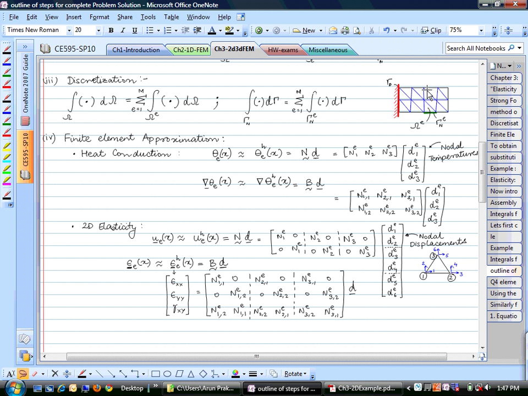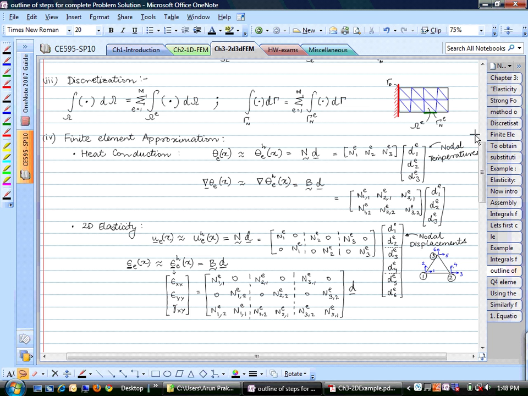And if you look at the edge between two triangles, you will see that on one side the stress value is something else, and on the other side the stress value is something else. So on this edge, it would seem that equilibrium is not satisfied. But again, the idea is that the equilibrium will be satisfied weakly over the entire domain.